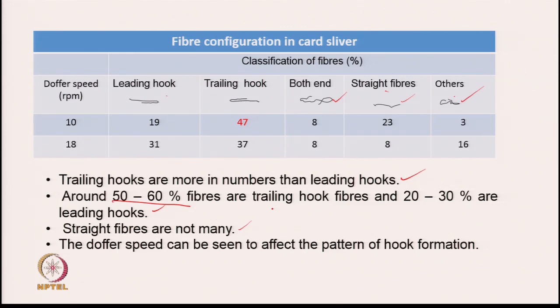That is, in this case, for two different Doffer speeds, 10 rpm and 18 rpm, we can see the configurations, and obviously the configurations are different in terms of numbers of the hooked fibers in different categories. So, we can also say that Doffer speed plays a role in deciding the number of hooks in different categories.